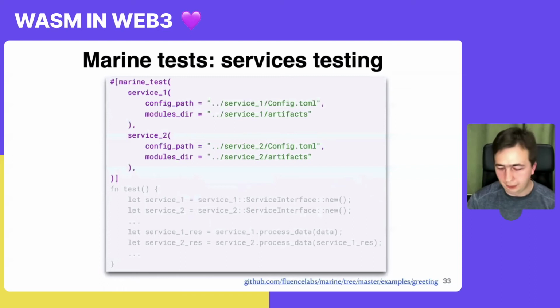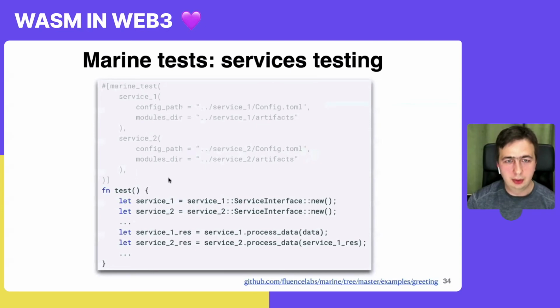Also, we are working now on a new version that will be ready in 1-2 weeks. This version of marine_test allows you to test several services at once. We can specify services as in the previous one, but with their names, like here. And we can also interact with services and each module that each service contains.